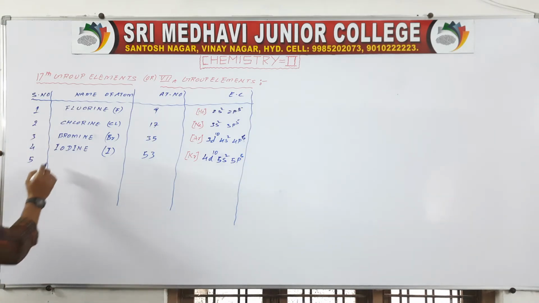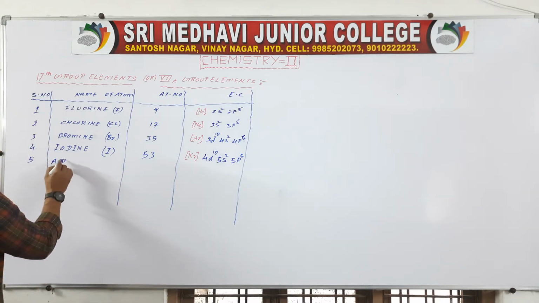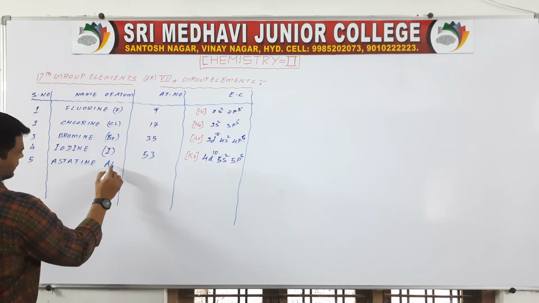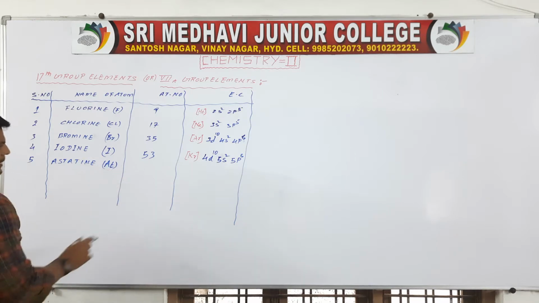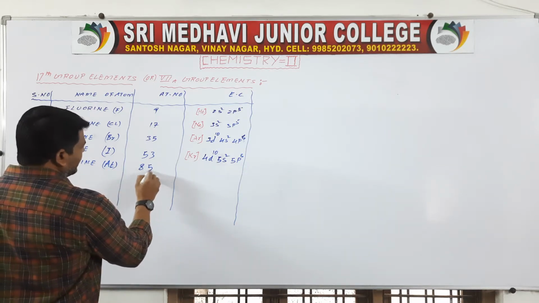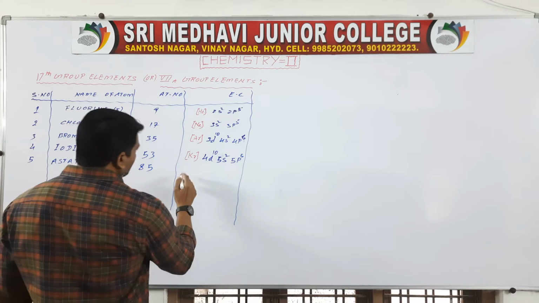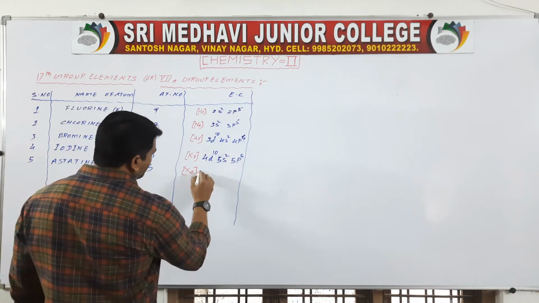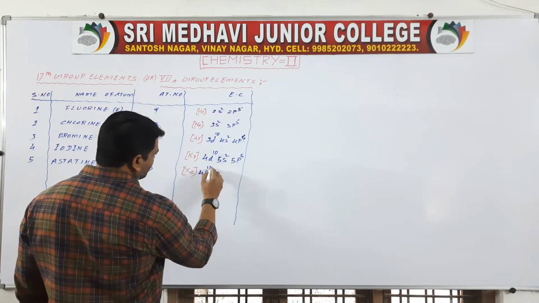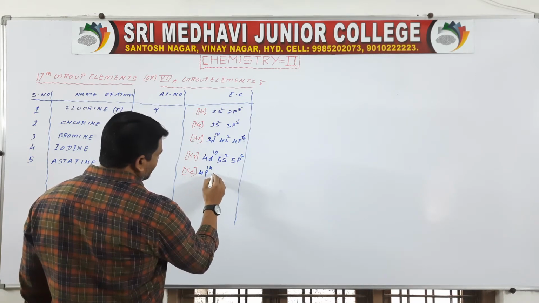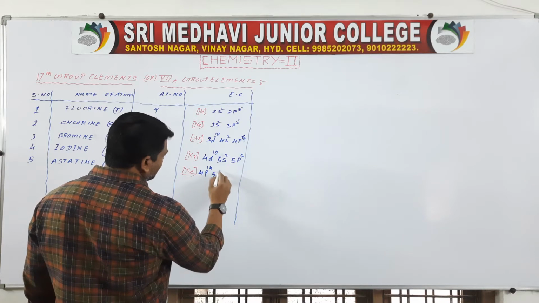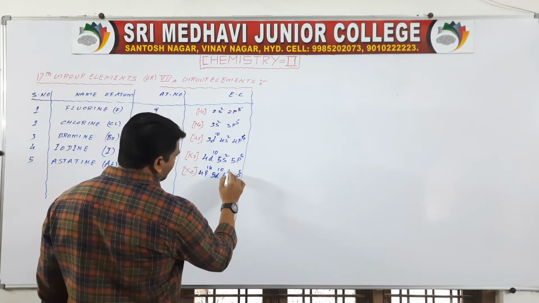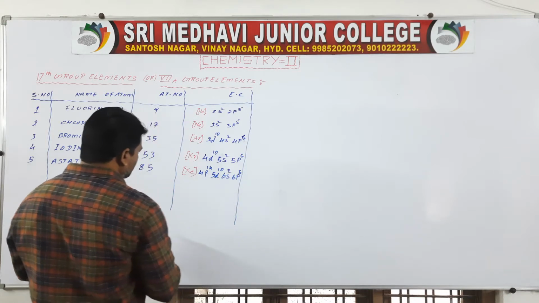The last one is astatine, symbol At, atomic number 85. Electronic configuration: xenon, electrons enter into 4f14, 5d10, 6s2, 6p5.